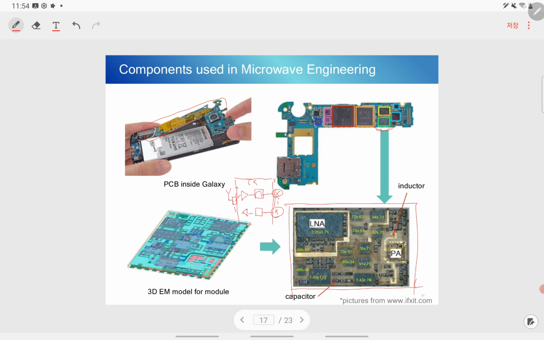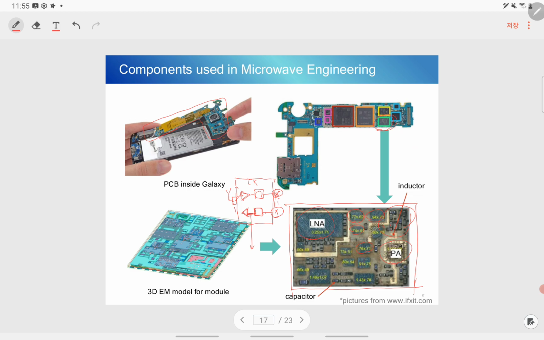So we normally design this before the mixer. So the power amplifier, low noise amplifier, and filters are implemented in the chip. This is the power amplifier, the low noise amplifier, and this is the filter. And in between we have inductors and capacitors. These are used between the components to make the signal flow efficiently.